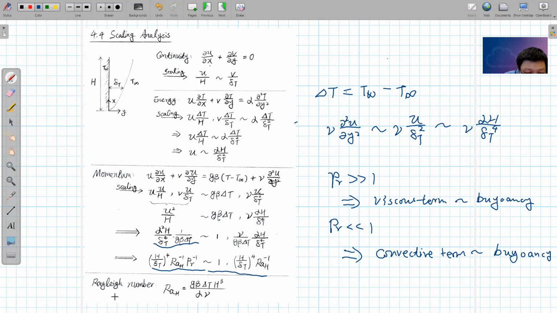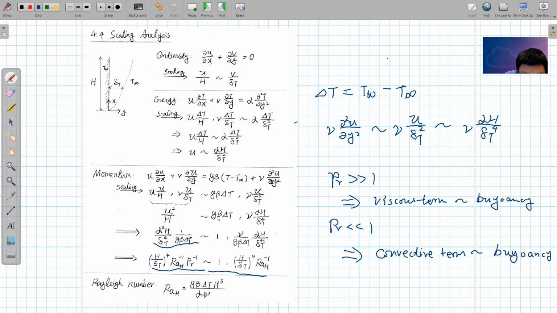Let's talk about this Rayleigh number. You can see that it contains the effects of gravity, because we have the gravitational g here, and also the thermal expansion coefficient beta times delta T. So the top is basically the buoyancy effects.